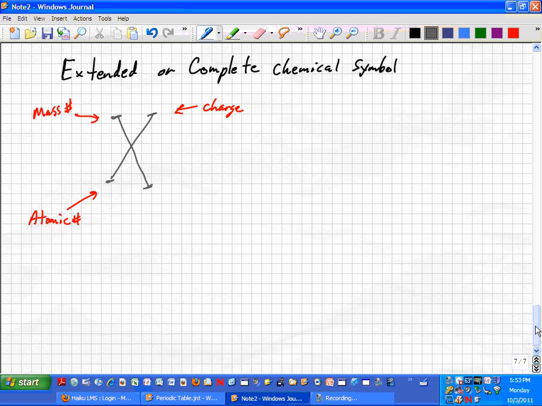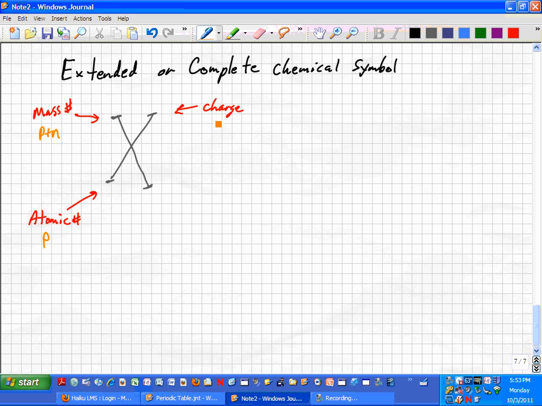Probably the easiest way to do this is to take a look at a couple of examples. We know that mass number is protons plus neutrons. We know that the atomic number is the number of protons, and we're going to find that atomic number on the periodic table.